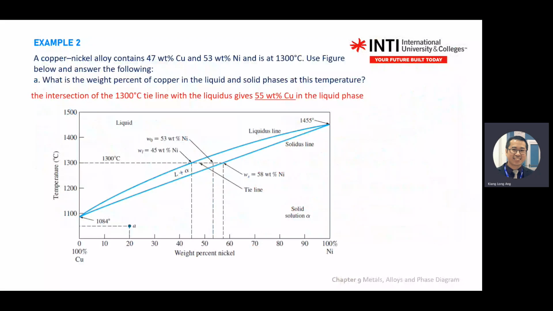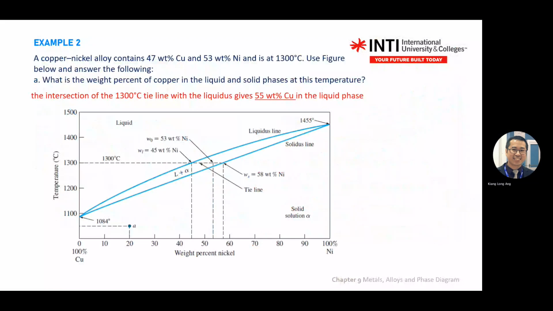So in the straight line, it gives you 55%. Wait, 55. Copper, 45%.